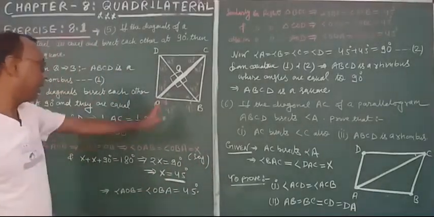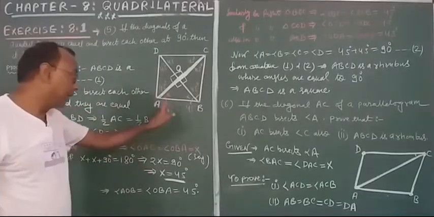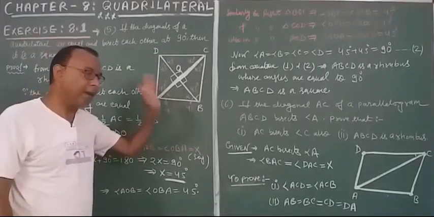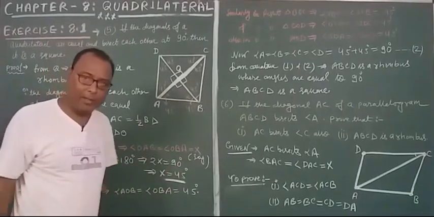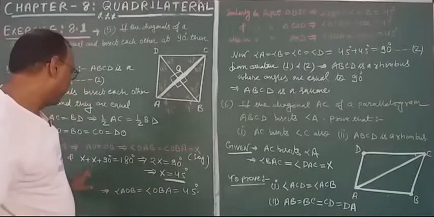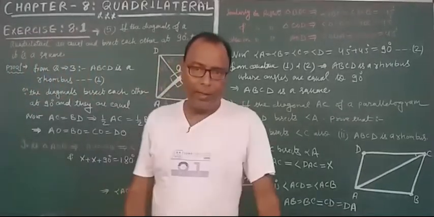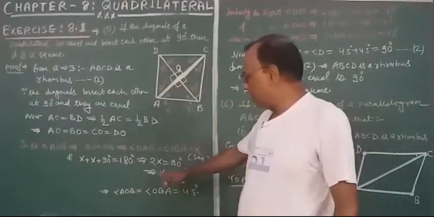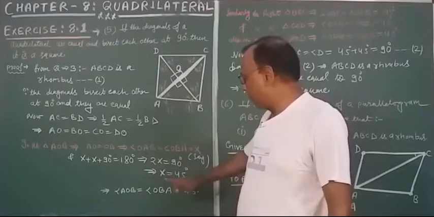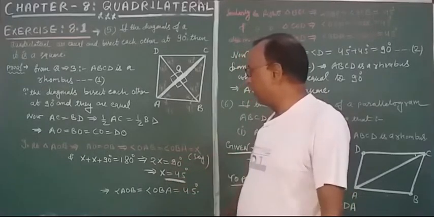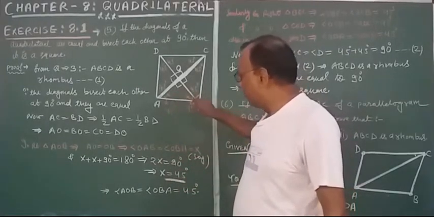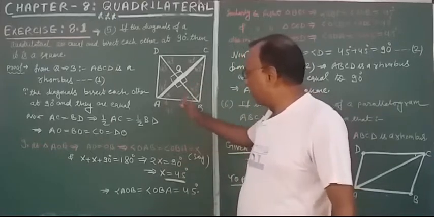Now in triangle AOB, there are three angles X, X and 90. Their sum will be 180 degree. So X plus X plus 90 is equal to 180 degree. That is 2x is equal to 90. Therefore x is equal to 45. What is the meaning of x?